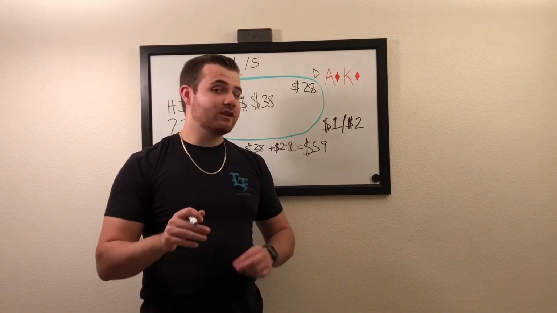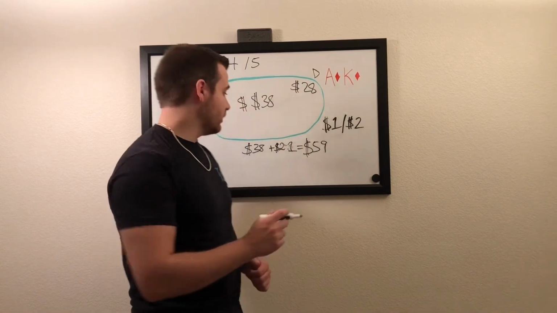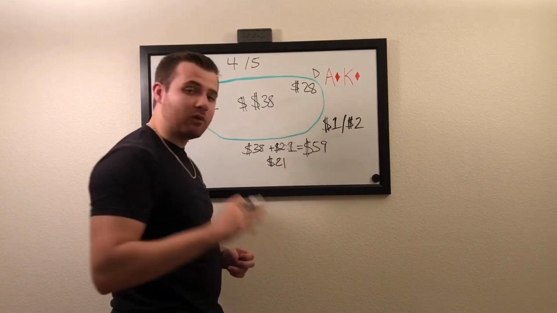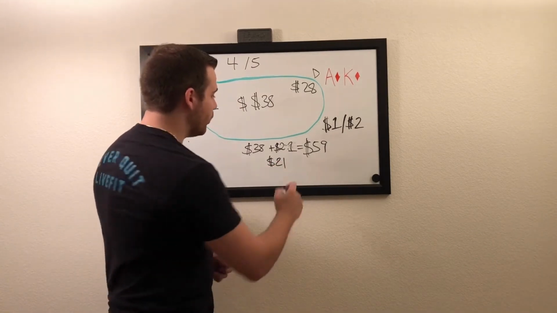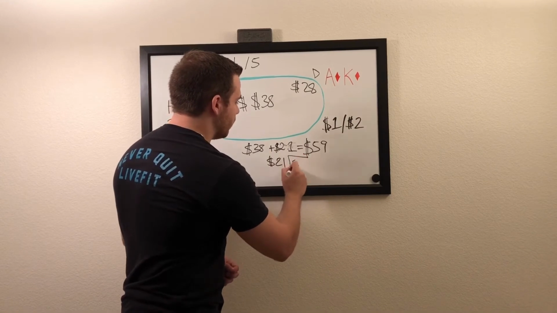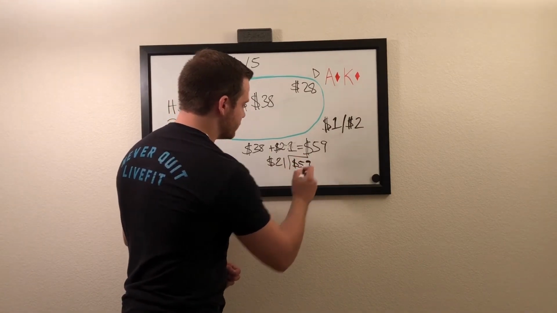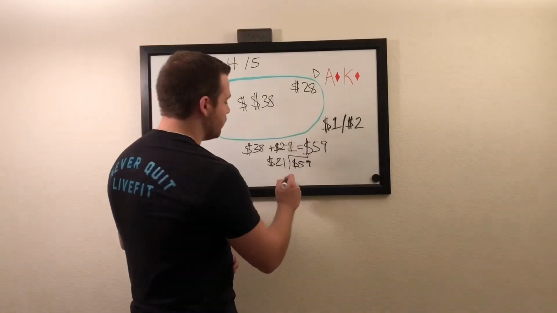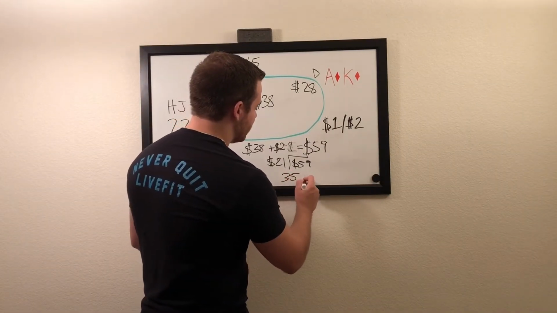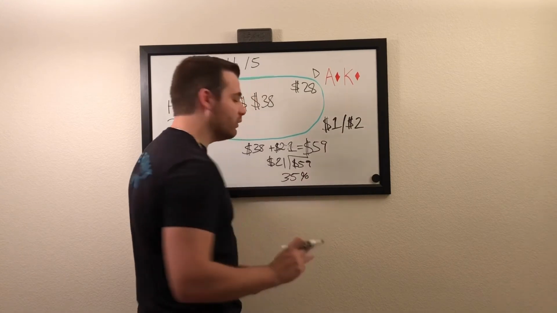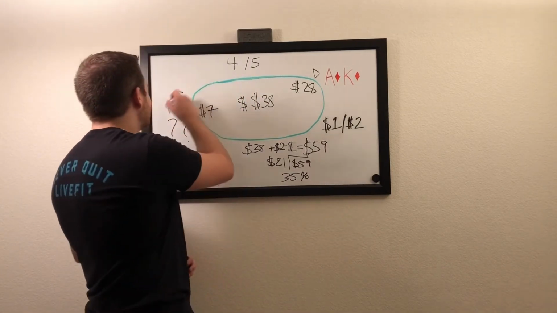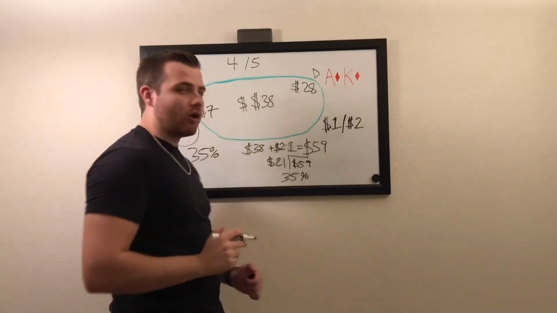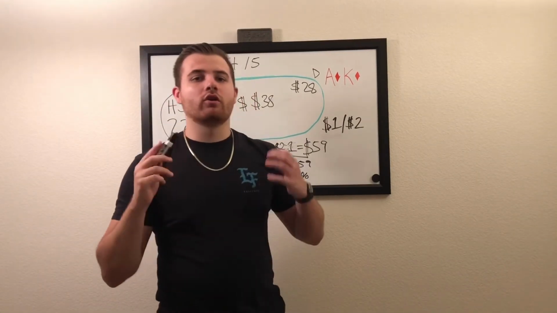Now you calculate $21, which is what your opponent has to call, into what the pot would be if they do call, which is $59. If you divide that, it comes out to 35. And what we break that into is 35% equity our opponent needs to have in order to call.